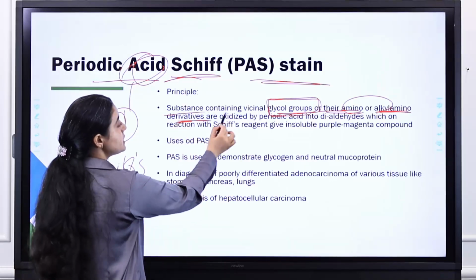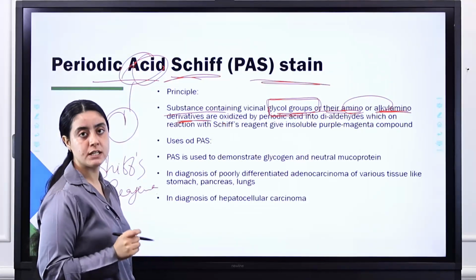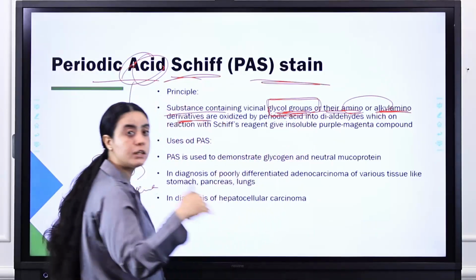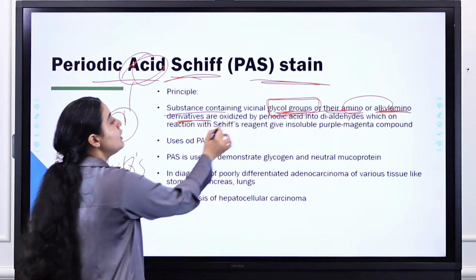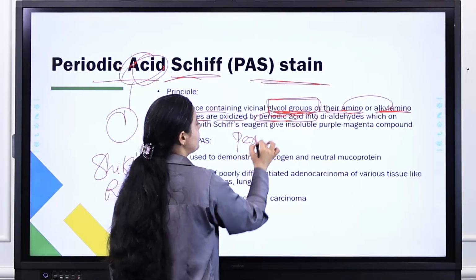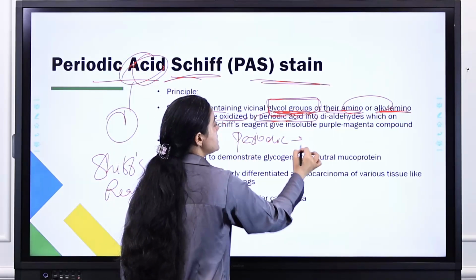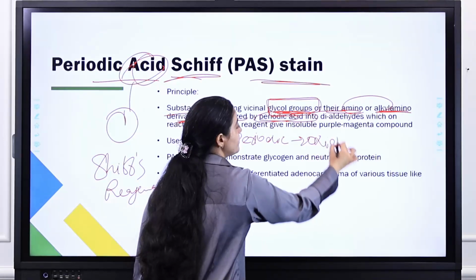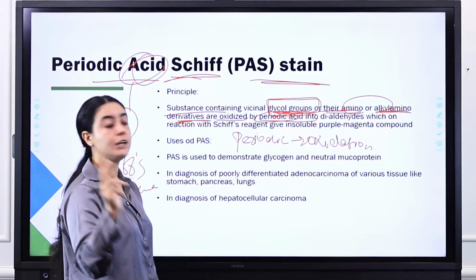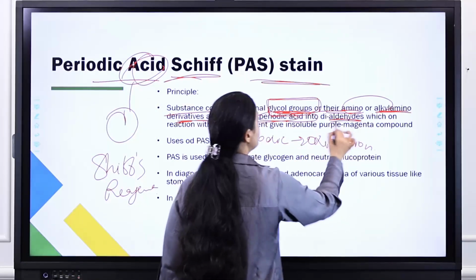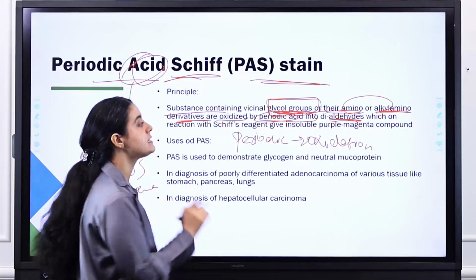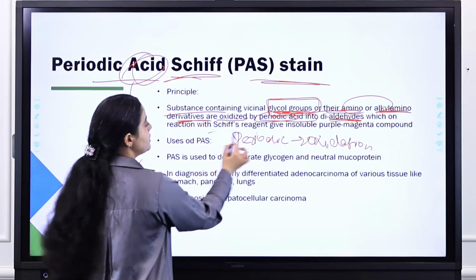So whatever substances are present in our tissues which contain glycol groups or their amino derivatives, they are oxidized with the help of the periodic acid. So periodic acid helps in oxidation, and the glycol groups are oxidized into dialdehydes, which then react with Schiff's reagent.